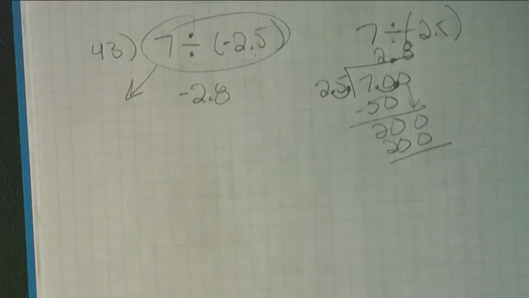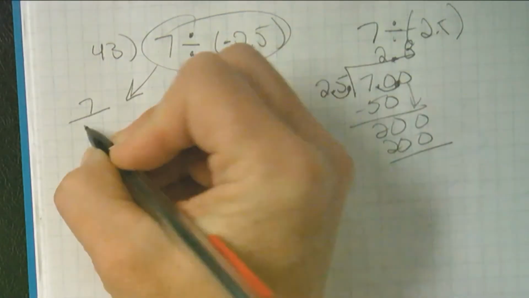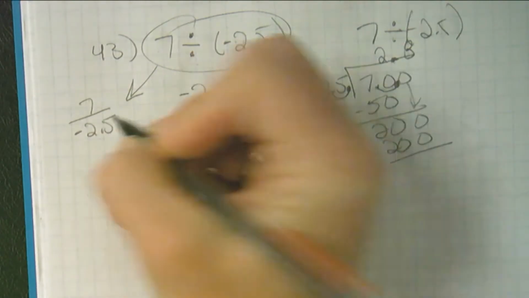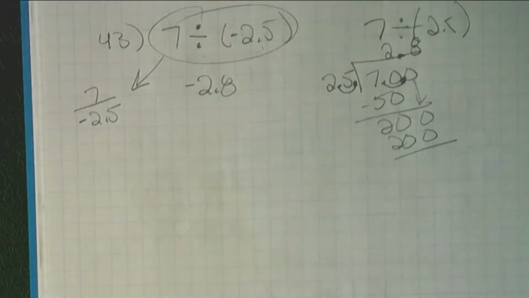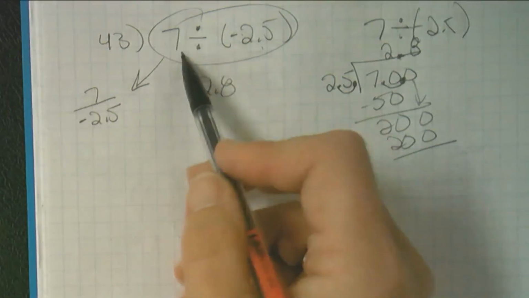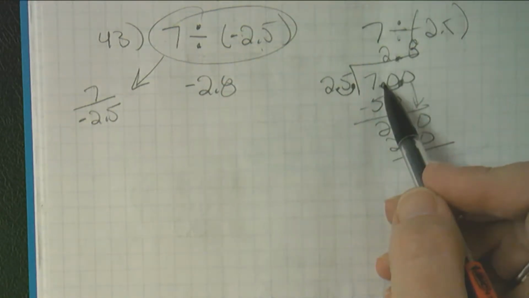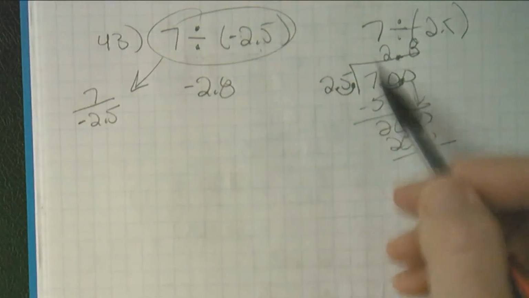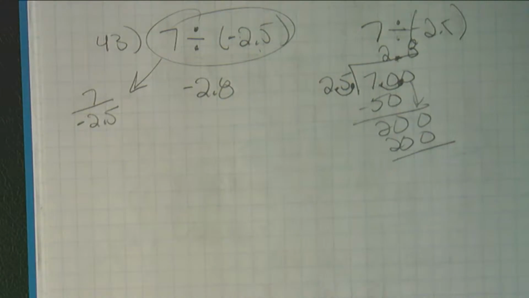No. 7 divided by negative 2.5. Okay, so pay attention to the order. The order matters, okay? So the numerator, or the first number, is what goes inside your division symbol. The denominator, or the second number, is what you're dividing by. You guys cool? Yes.